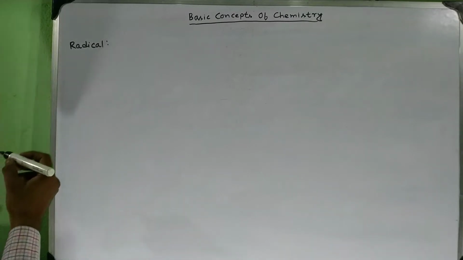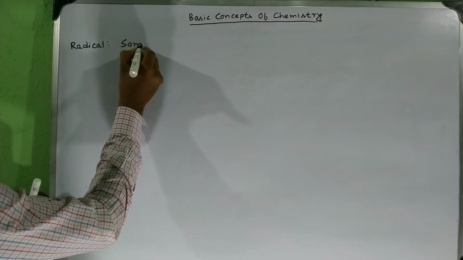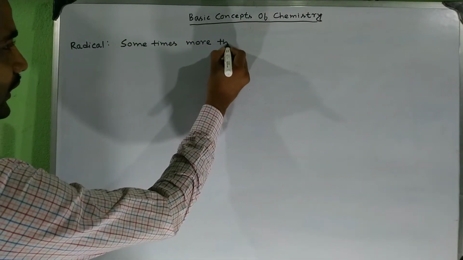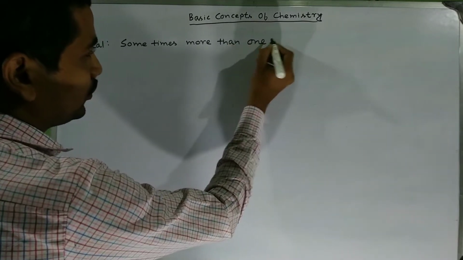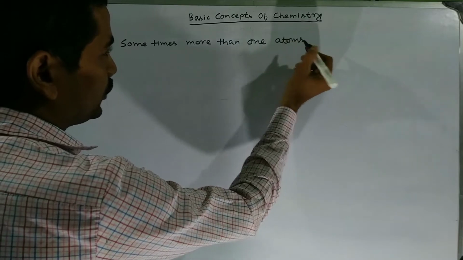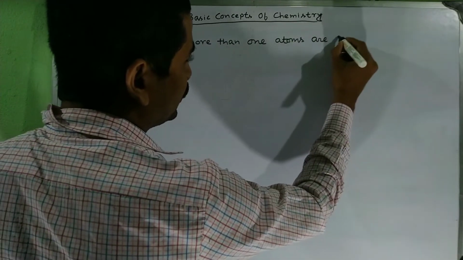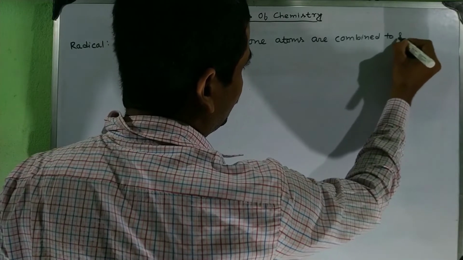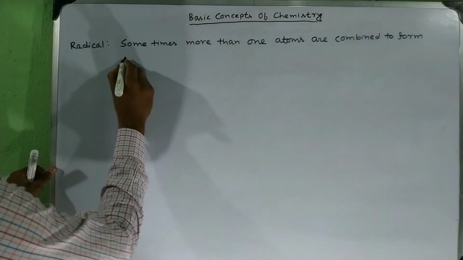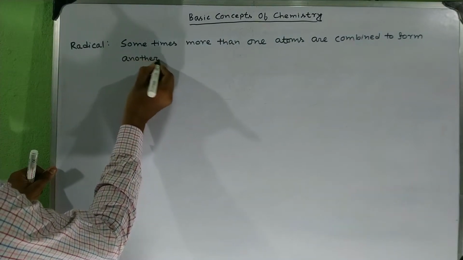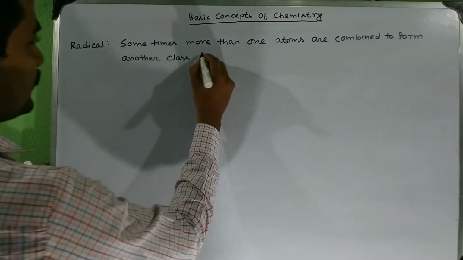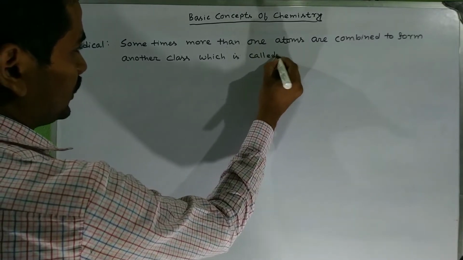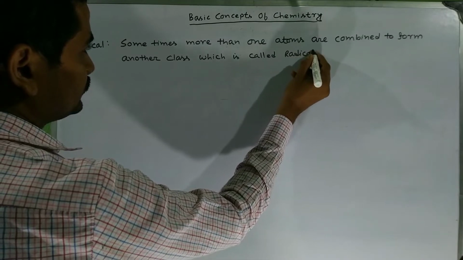We see that sometimes more than one atoms are combined to form another class which is called a radical.